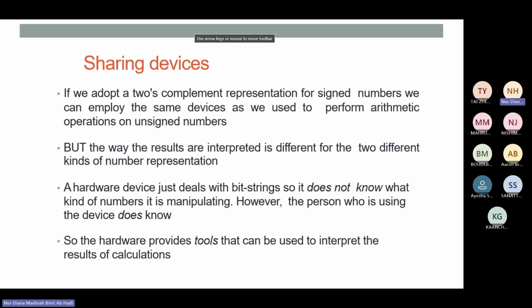A hardware device just deals with the bit string and does not even know what kind of numbers it is manipulating. But you as the user will usually know what numbers are being used. So your hardware will provide tools you can use to interpret the results of your calculations.